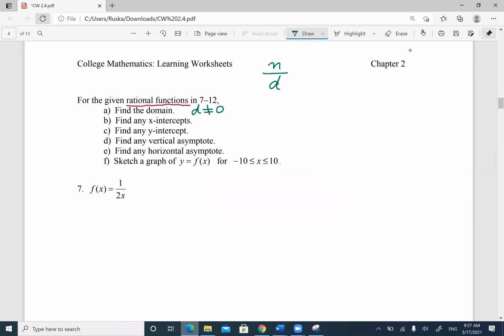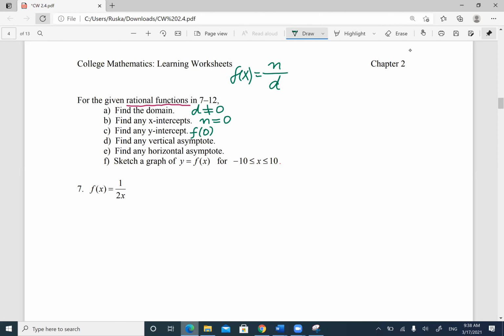That's the rational function, and I'm going to say f of x is this. Numerator over denominator. So finding the domain is solving the denominator not equal to 0. Finding the x-intercept is going to be solving the function equal to 0, which is actually solving the numerator equals 0, the top equals 0 only. Finding the y-intercept is plugging in 0, f of 0. That's how you do it.